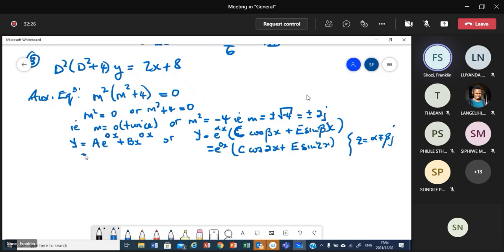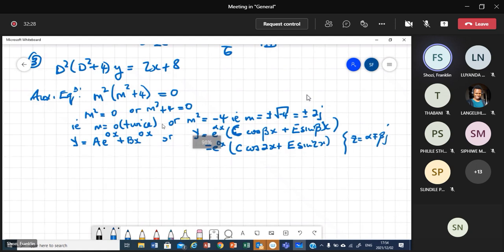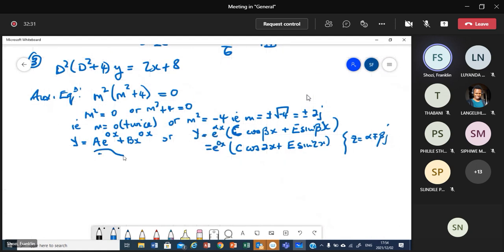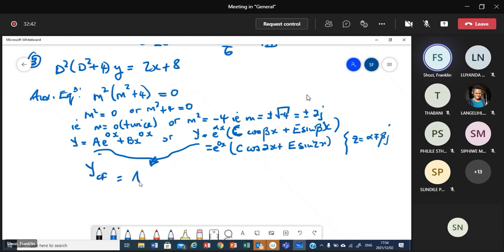If I combine these two together, they will form just y complementary function. So y CF coming out of the two will be A plus Bx, that will be 1. Sorry, here it's supposed to be Bx. There's A missing here.